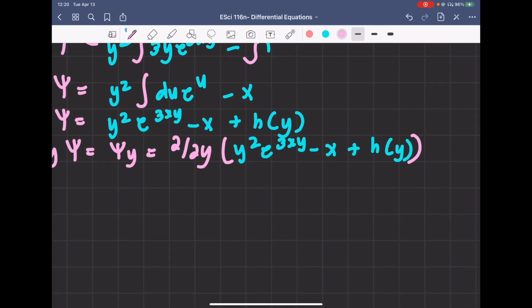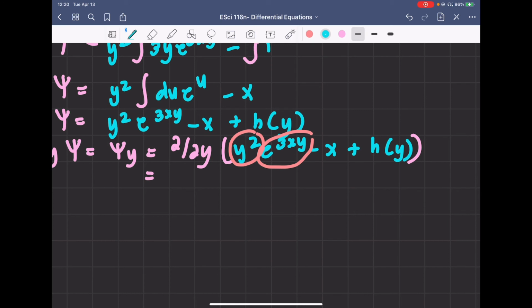So here we are going to follow our product rule once more because we have two terms here, the y squared and our e to the 3xy. And since both of them have y, none of them are constants, so we need to differentiate them.